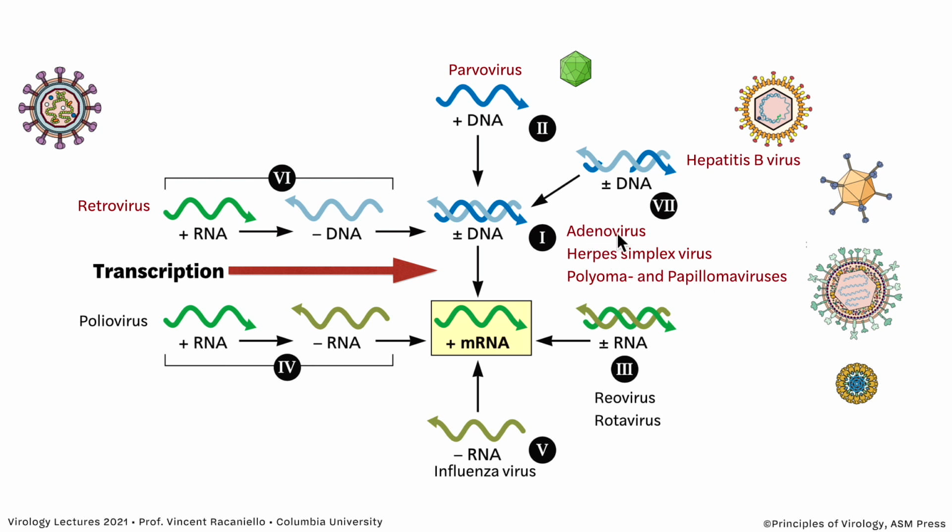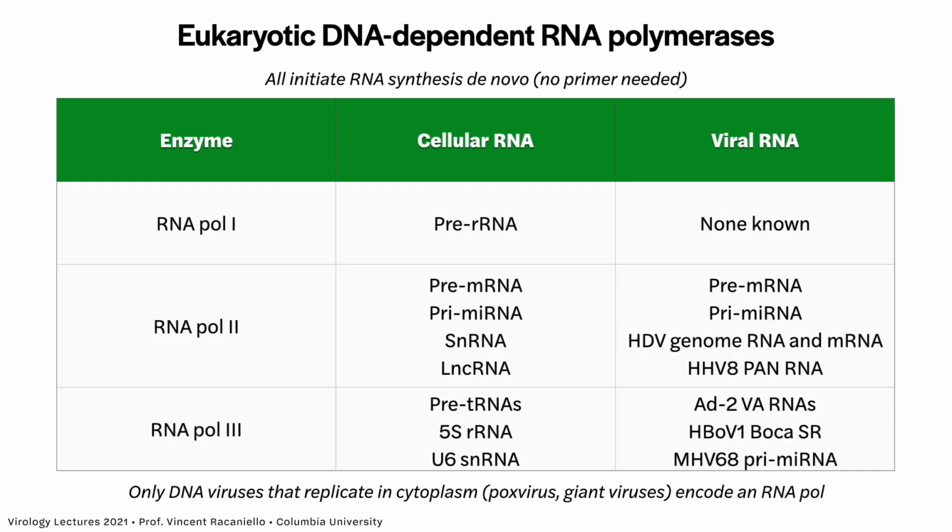And then, of course, adenoviruses and herpes simplex viruses, and there are many more. The giant viruses all have double-stranded DNA that's ready to go, pox viruses, and many others. So those right there, right upstream of mRNA, they don't need to be converted, but Class 7 and Class 2 certainly have to be, and of course the retroviruses, Class 6.